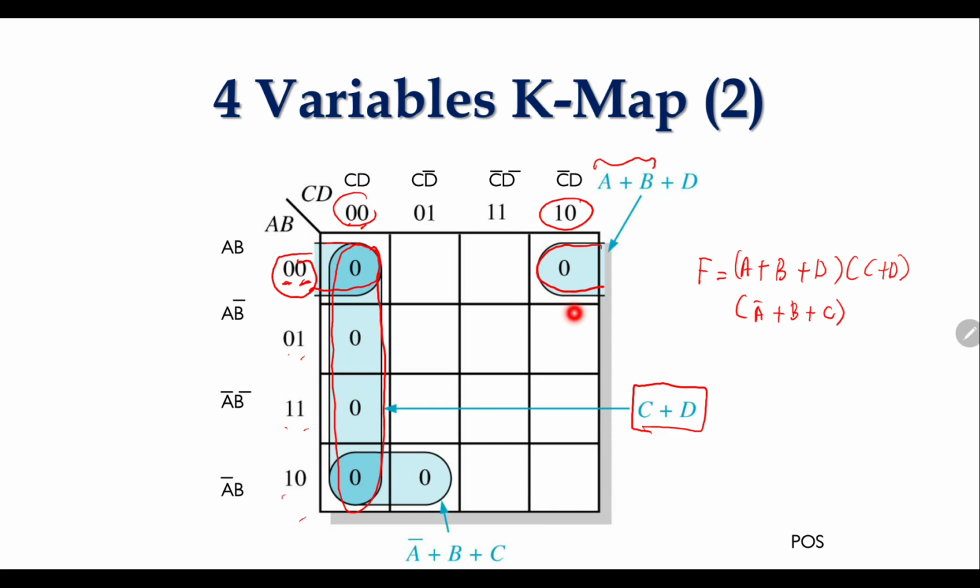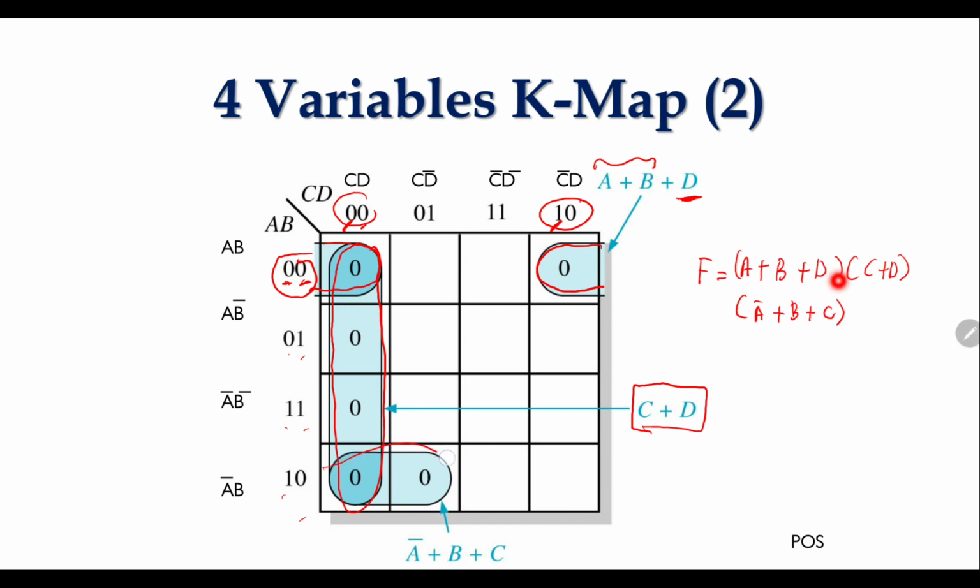On this row, for C and D, you see C changes state from 0 to 1, so you don't read C. How about D? D doesn't change from 0 to 0, so you read D. So you've got A plus B plus D. Okay, that's it for group number 2.